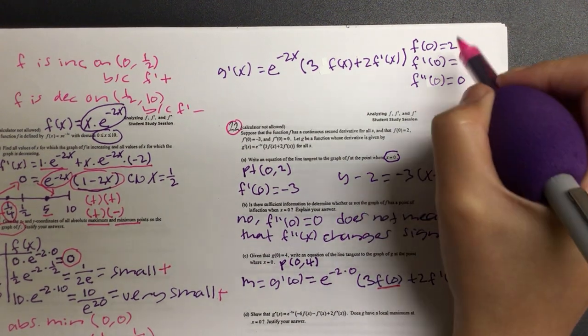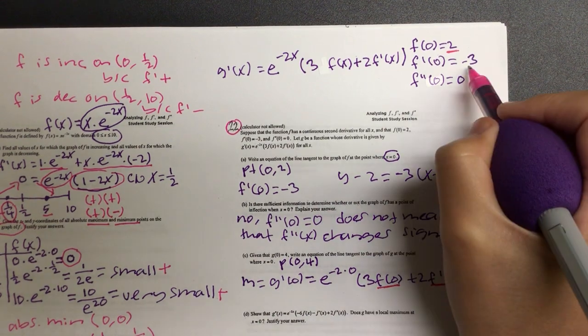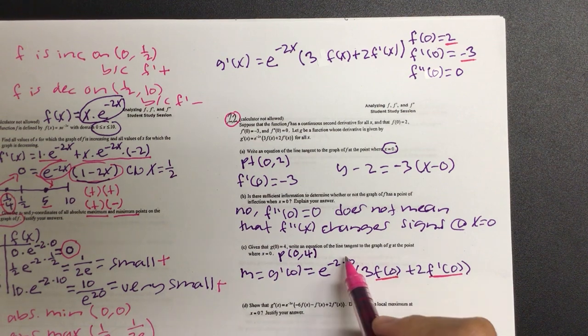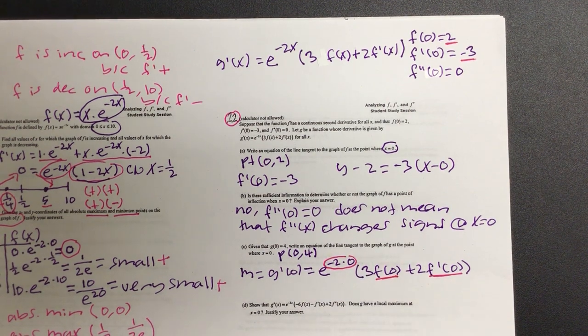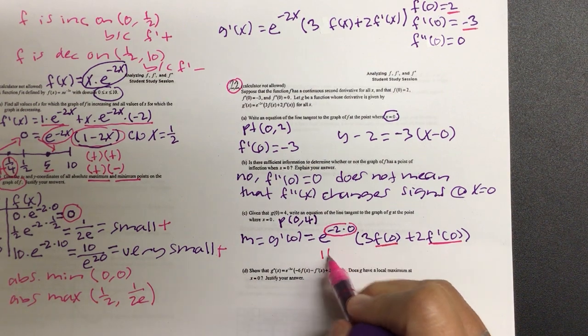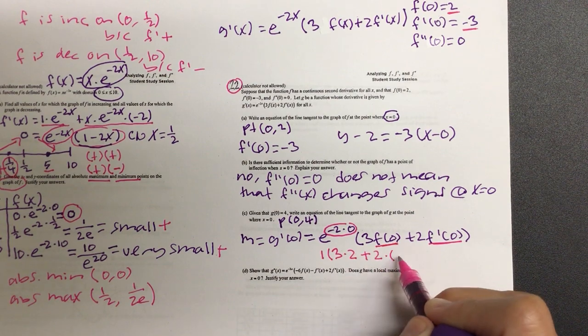Isn't f of 0 already given to us as 2? Yes. Is f prime of 0 also given to us as some number? Yes. And we know e to the power of 0 has to give me what number? 1. So let's write out 1 times 3 times 2 plus 2 times the negative 3.